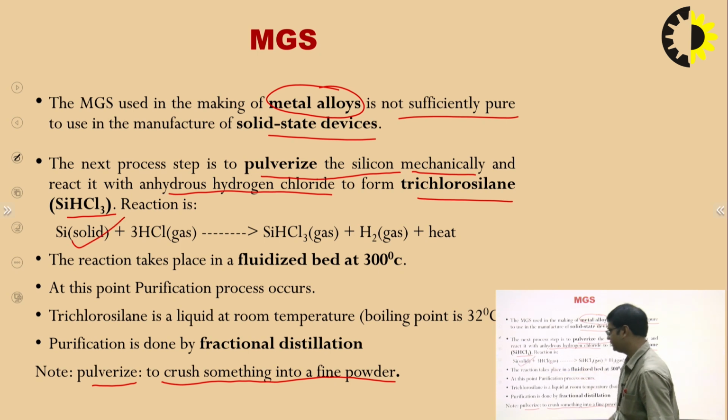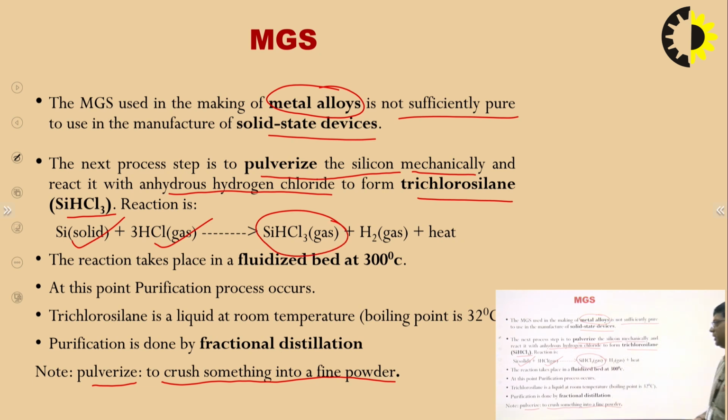Pulverized silicon in the solid form reacting with the HCl gas gives us trichlorosilane, SiHCl3, along with the other product. Now this reaction takes place in a fluidized bed at 300 degrees centigrade.